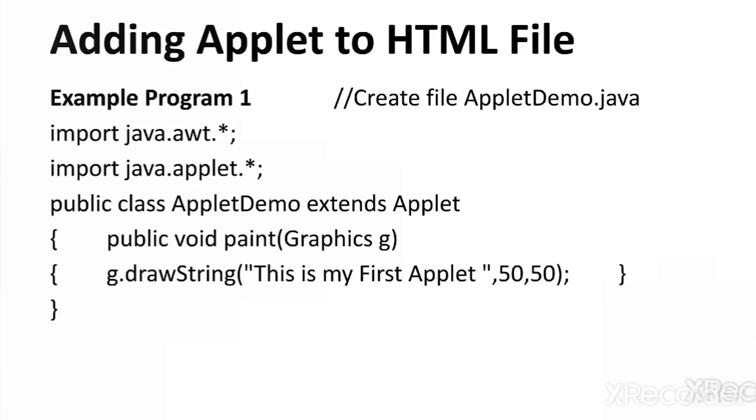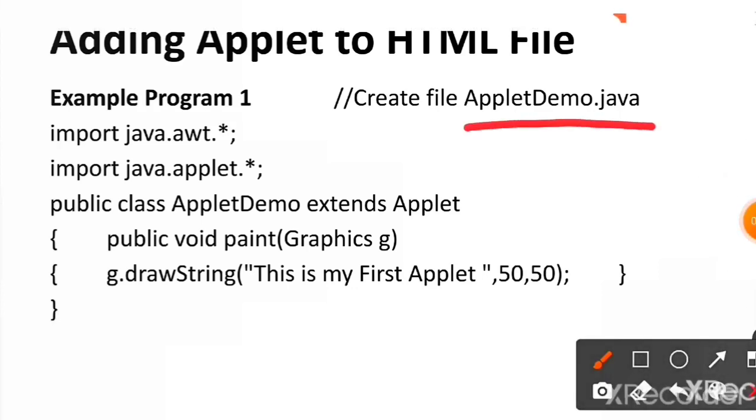After writing an applet program and saving it with a .java extension, you can compile your applet program to generate a .class file. The compiler will generate a .class file if there are no syntactic errors in your applet program. Once the .class file is generated, you can prepare an applet tag.